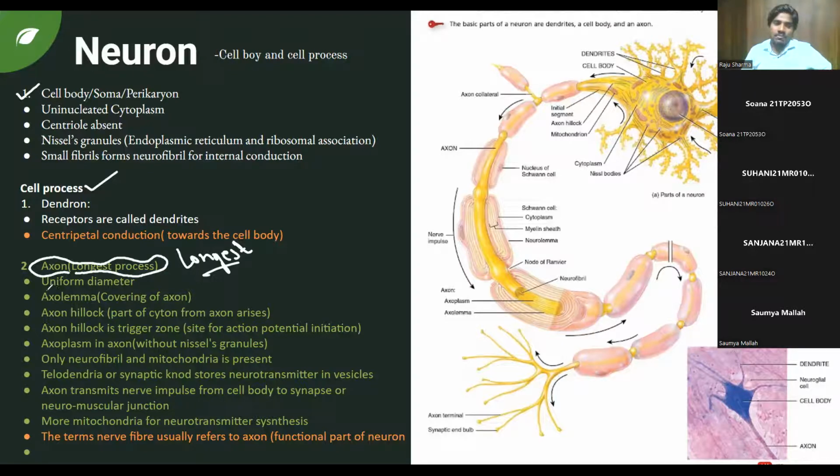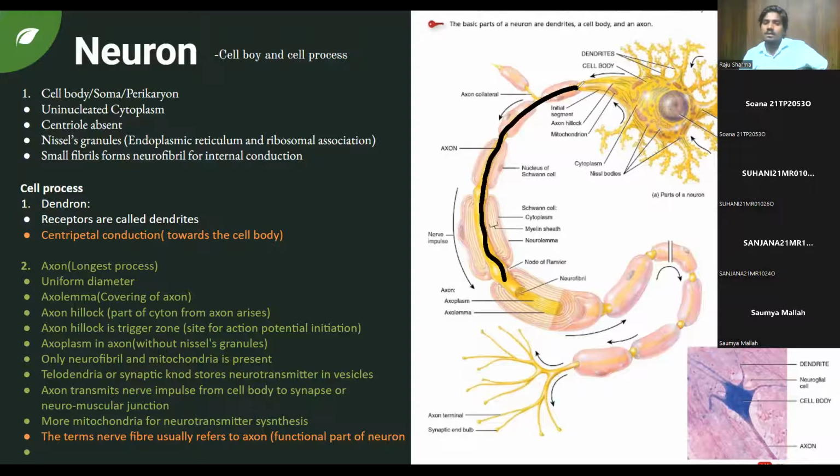It has uniform diameter. मतलब जो diameter होता है ये axon का, it is uniform. It means the diameter of the axon will not change throughout its length. Its diameter will be constant or uniform. Okay, and at the end it will bifurcate to form the telodendron or the synaptic node.